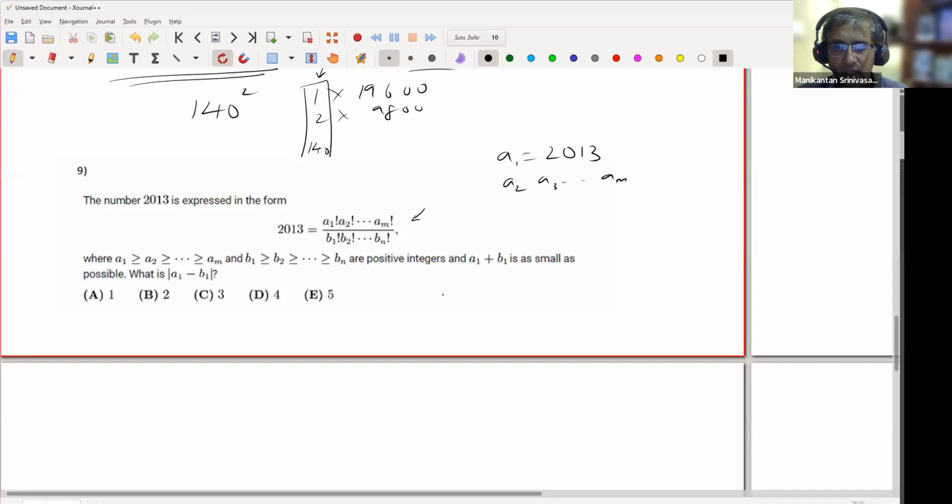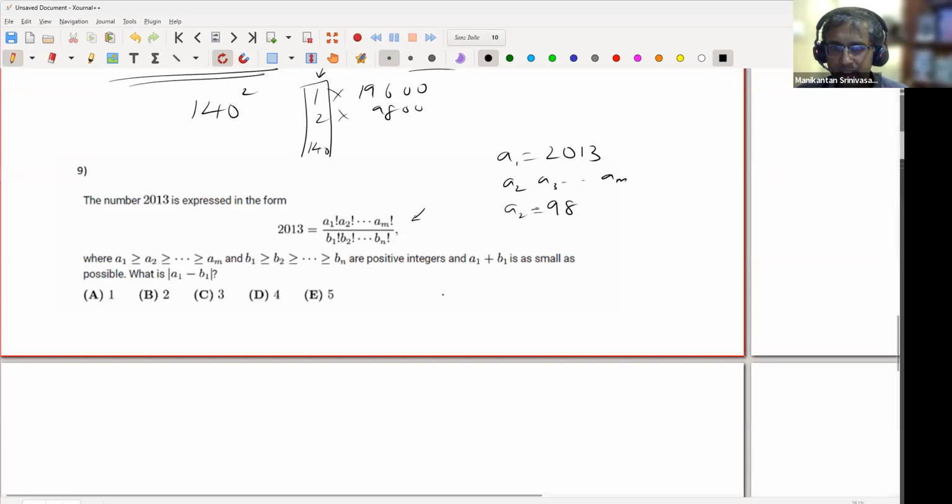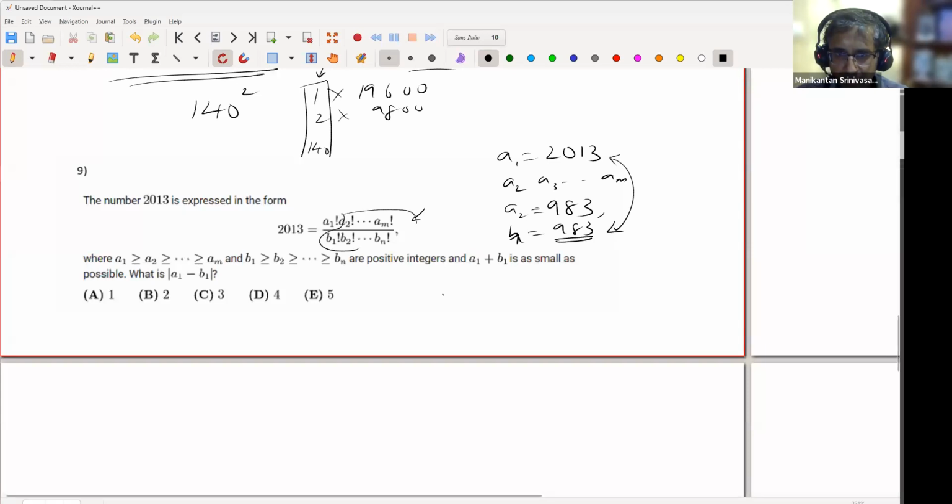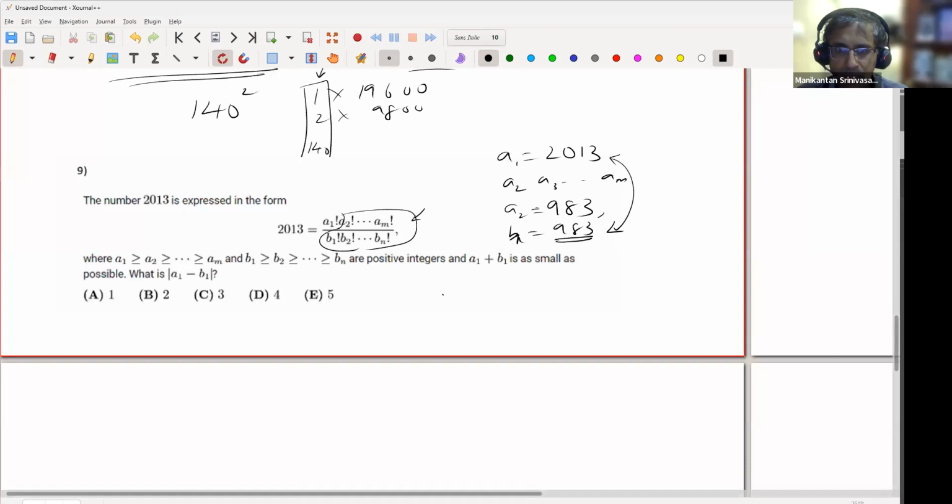I can have big numbers. Let's say a2 is 983, and then b1 is also 983. I'm just saying 983, some random number. So a1 plus b1 could be a very big number, and let's say all of these cancel off perfectly, except there's an additional 2013.